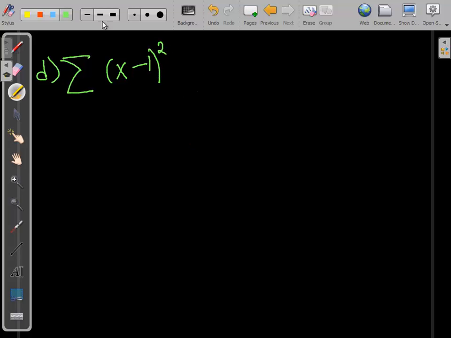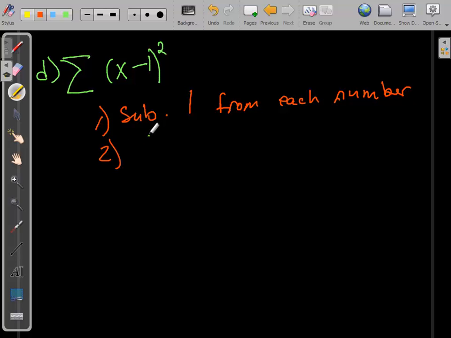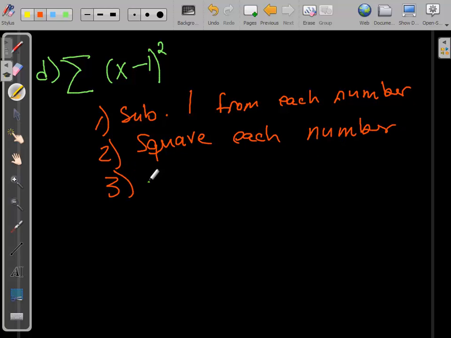So the very first thing we're going to do is subtract 1 from each item. Then we're going to square each number, and then we're going to add them all up.